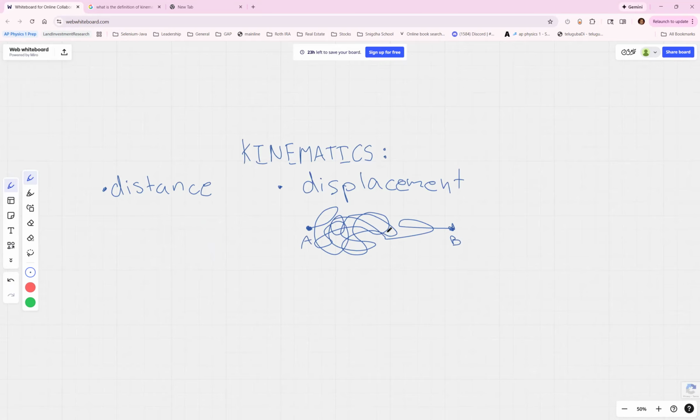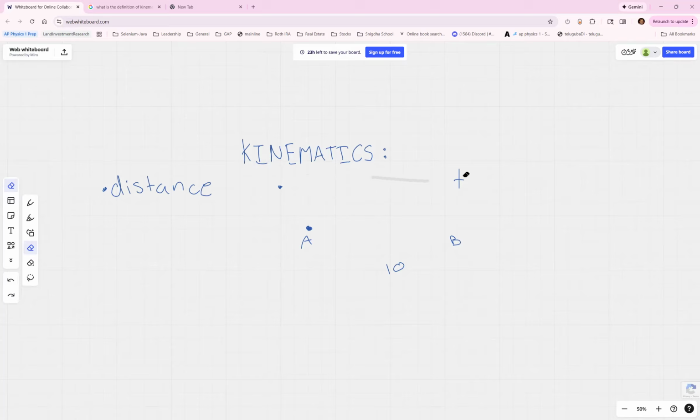Even if a person traveled 100 meters between point A and point B, what really matters is that the shortest distance from point A to point B is 10 meters, and it doesn't matter how a person walks. So that is your displacement. Let's rewrite displacement.